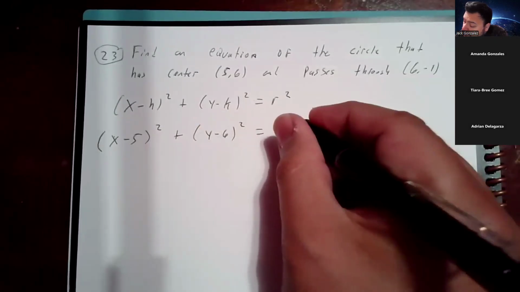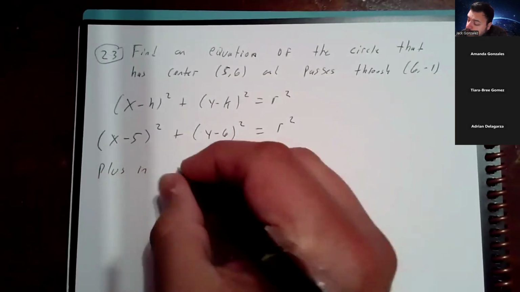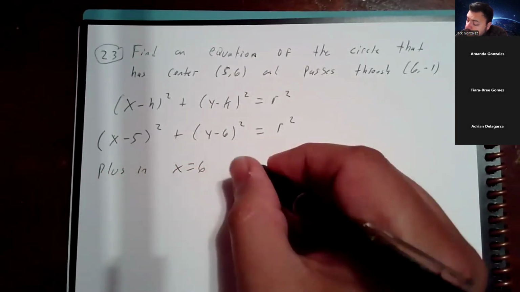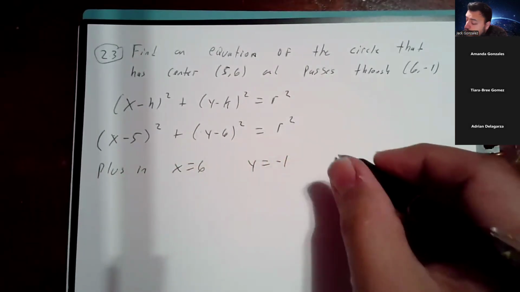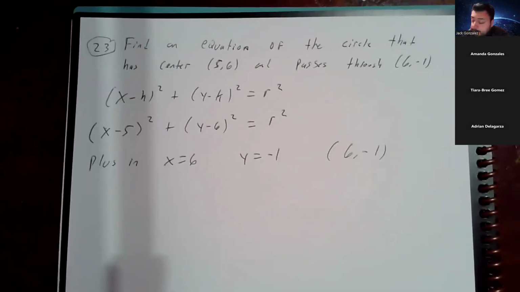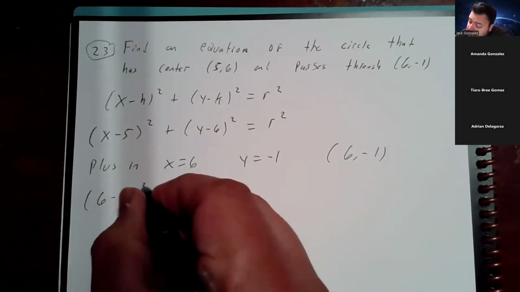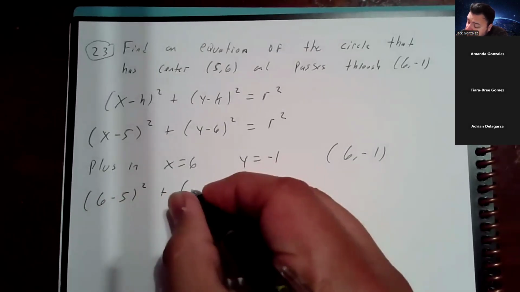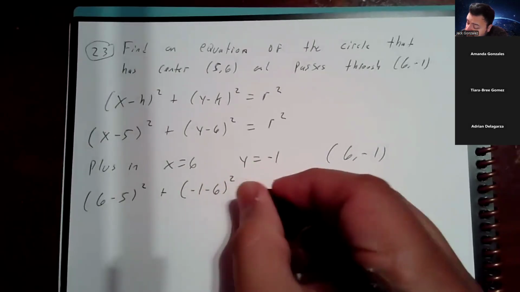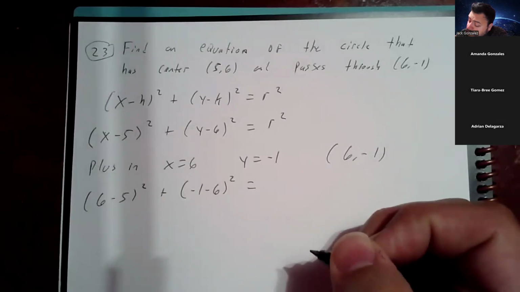We need to find r. So plug in x equals 6, y equals -1 from the point, right? And then solve for r. So we're going to get (6 minus 5) squared plus (-1 minus 6) squared equals r squared.